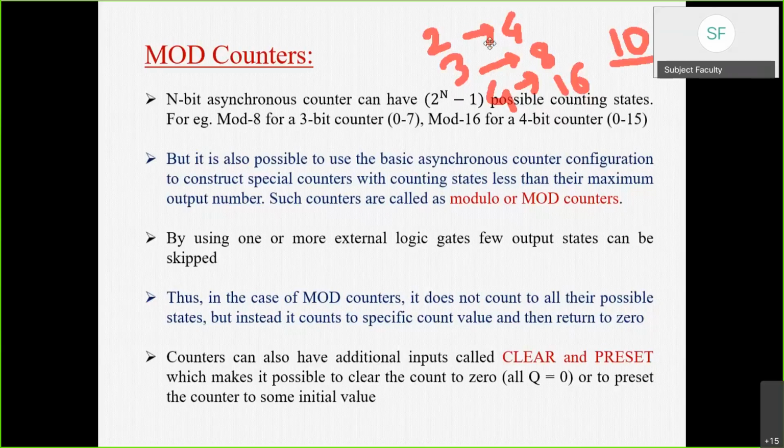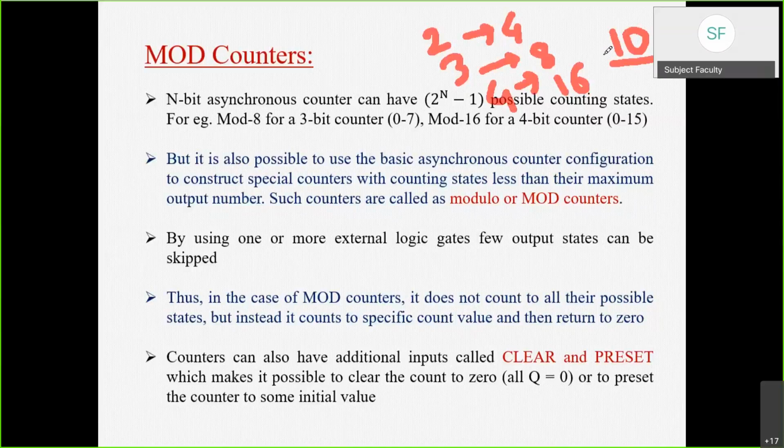There will be some modification in these counters, and that particular counter which counts only 10 states will be called a mod 10 counter. So a counter which will count any required number of counts can be designed by making some changes or by adding some combinational circuit to your actual asynchronous counter. That is basically a mod counter.